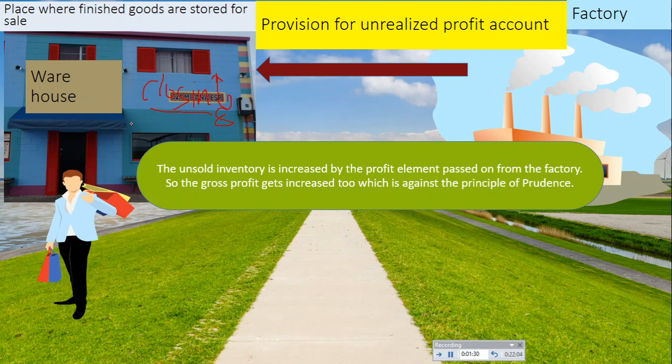Now, according to our prudence concept, we are not allowed to record unrealized profit in our trading account. So because of this reason, to remove the element of profit tied up in the closing inventory, we need to prepare provision for unrealized profit account.